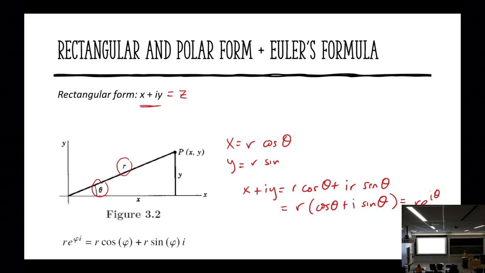Richard Feynman called this kind of expression for a complex number our jewel, and he said it was the most remarkable formula in mathematics because it just beautifully simplifies problems for us.